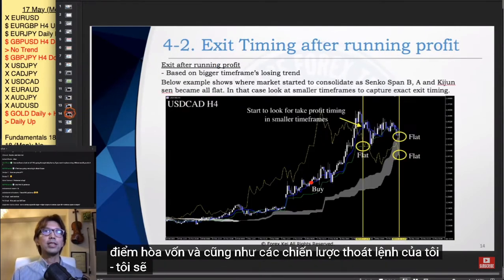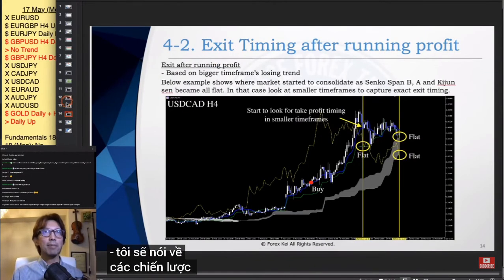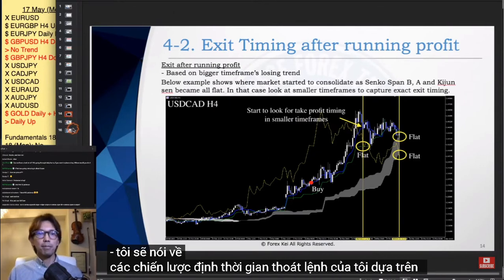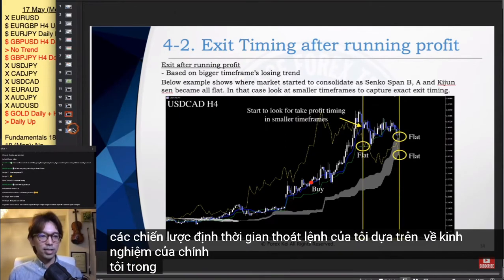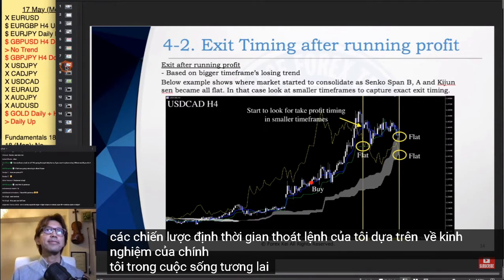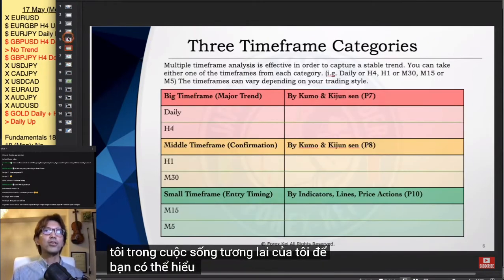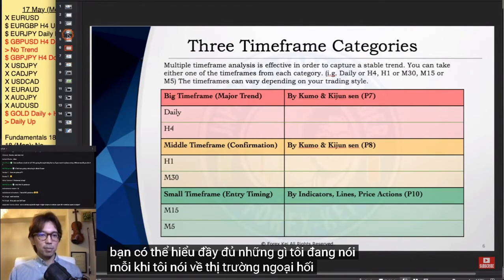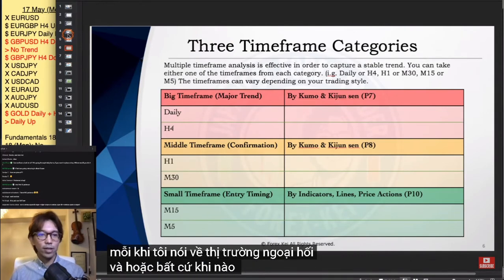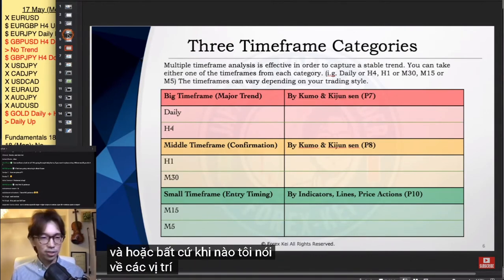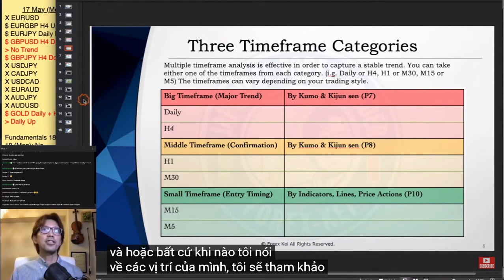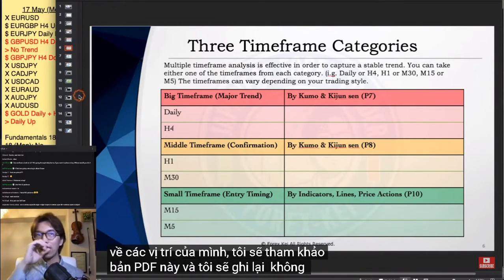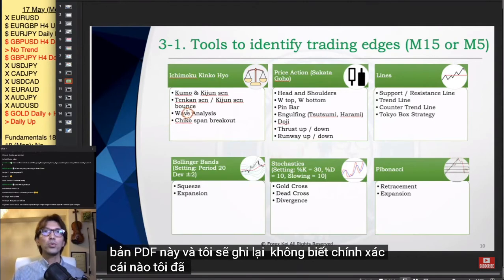I will talk about my exit timing strategies based on my own experience in my future lives, so that you can fully understand what I'm saying whenever I talk about my positions. I will refer to this PDF and point out exactly which one I took.